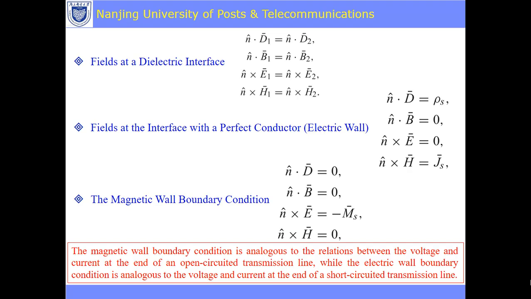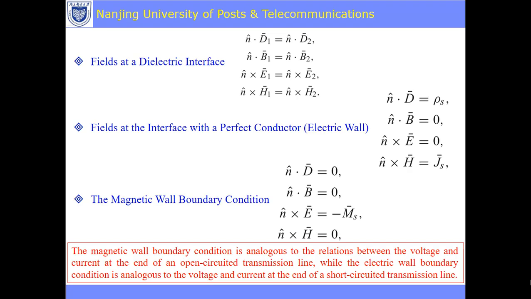These are the fields at a dielectric interface, and the fields at the interface with a perfect conductor. These are called perfect conductors, and these are the magnetic wall boundary conditions.